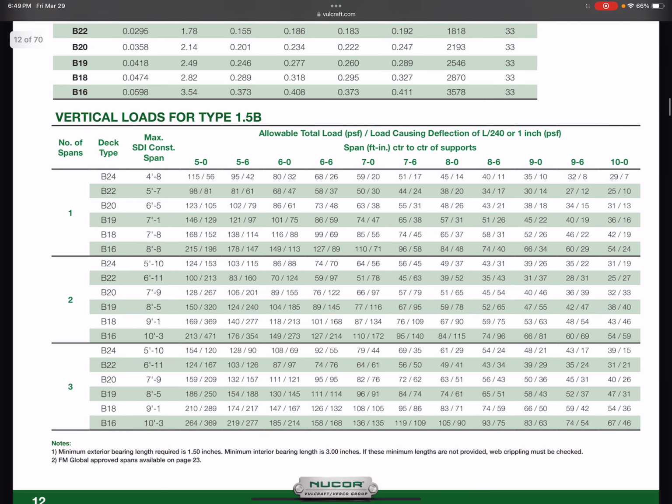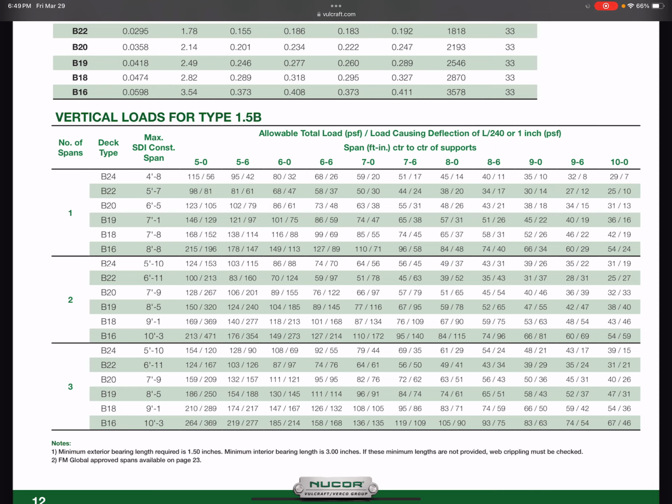And so a lot of times we specify a minimum of 3 spans. As you can see, the values and the strengths go up as you go up in spans. So if we were conservative and we look at number of spans as 1, and say it spans 5 feet, which we'll see in the example here, and say each one of these deck types, B24 to B16, that's the gauge, which essentially specifies the thickness of the decking.